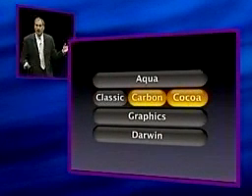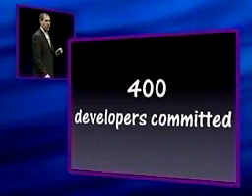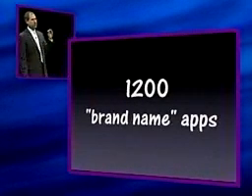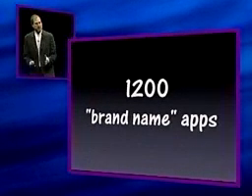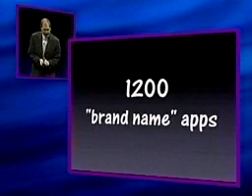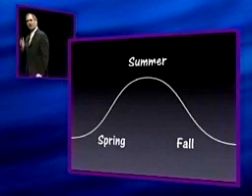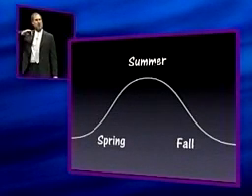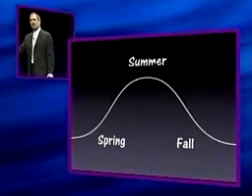So how are we doing on those applications? We have 400 committed developers worldwide. That represents over 1,200 brand name applications committed for Carbon and Cocoa. When will they come? They will come starting this spring. And they will build, and most of them will come out this summer, with some laggards in the fall.